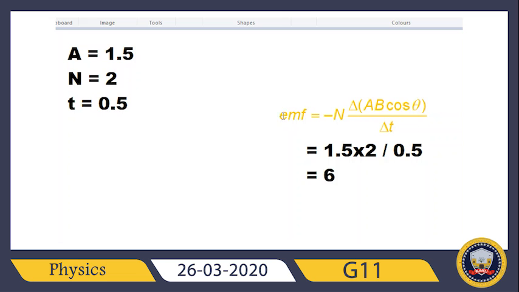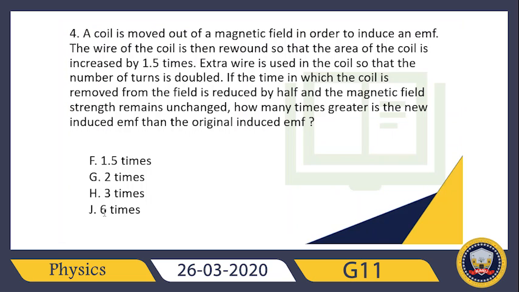So the new electromotive force is 2 times 1.5 divided by 0.5. The answer is 6. So the correct answer is J, 6 times, because it's 1.5 for area times 2 for number of turns divided by time, which is 0.5. So 1.5 times 2 divided by half is equal to 6 times.